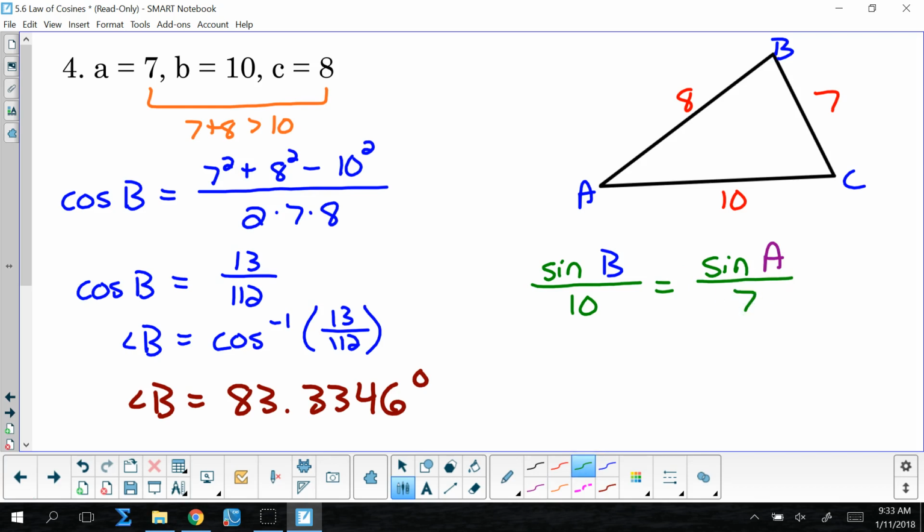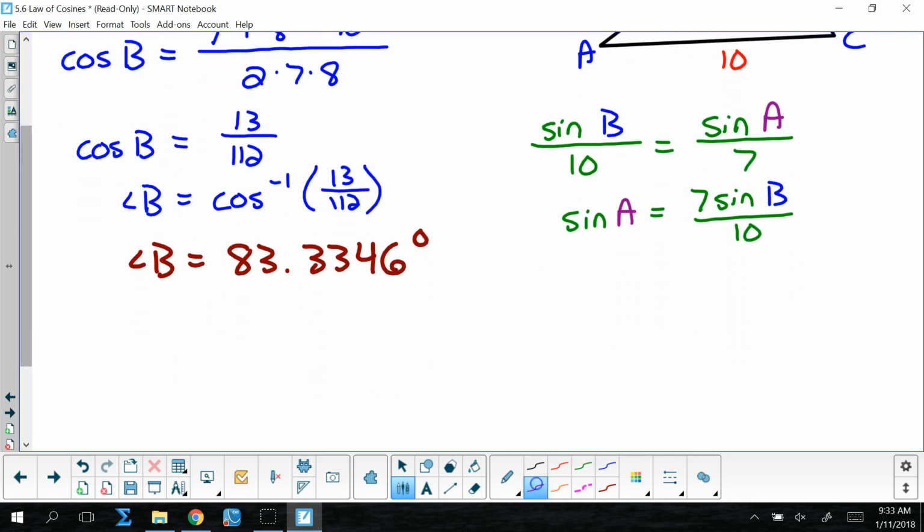Crisscross applesauce, the sine of angle A is going to equal 7 times the sine of angle B divided by 10.